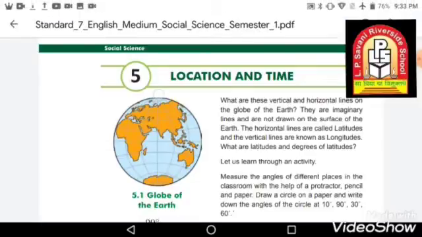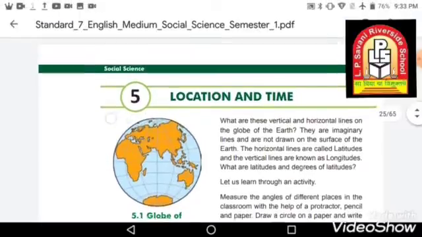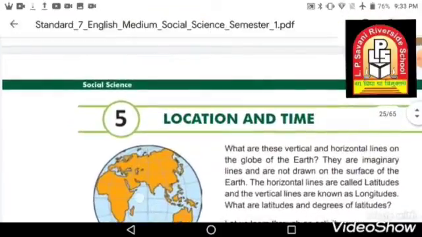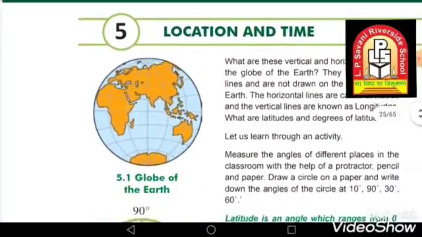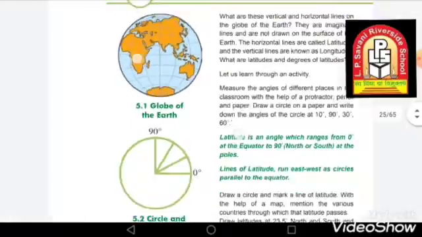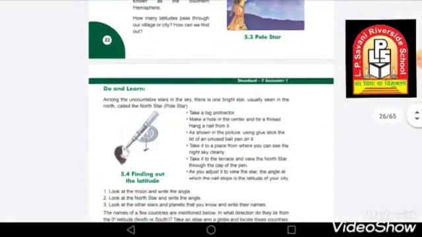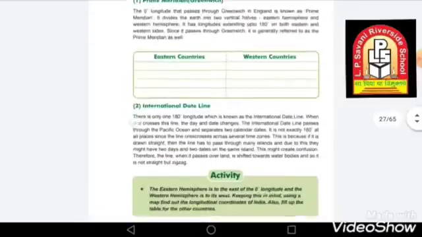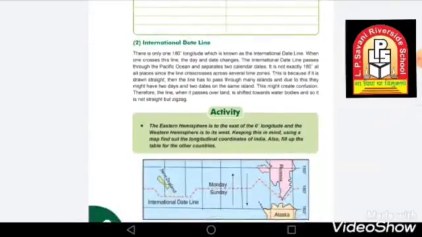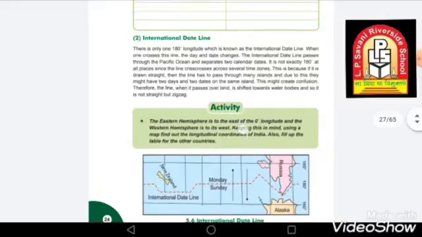On the opposite side, from the back side of that line, comes the 180-degree line, which is also called the international date line. We already discussed that it is for the calculation of time, so that people traveling from one place to another won't get any confusion.